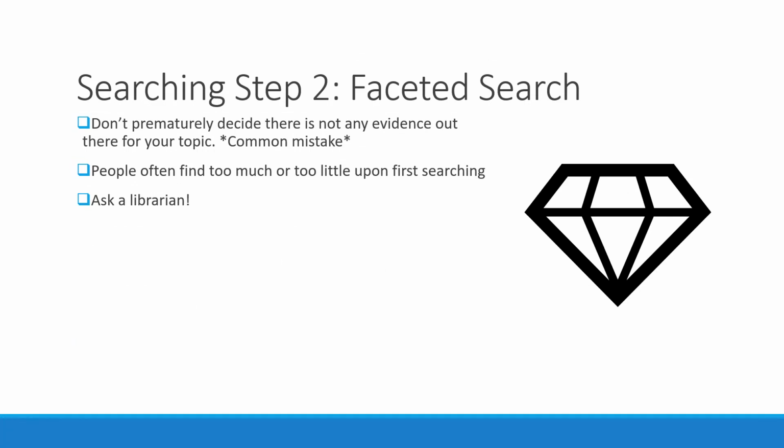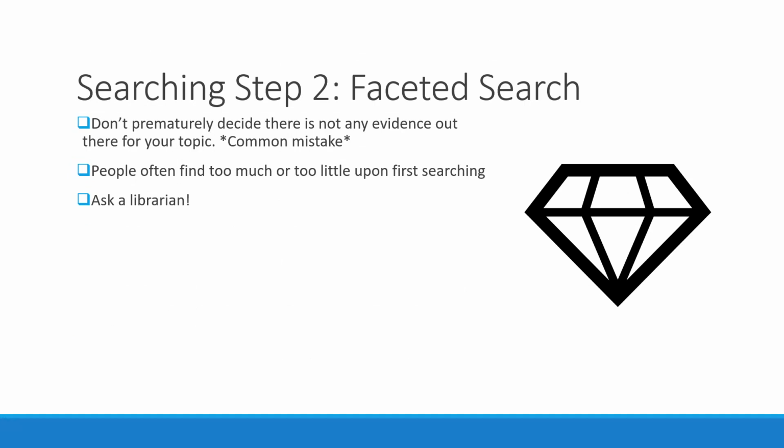Step 2 is a faceted search. This is actually a little more deliberate than a keyword search. Just plugging in some keywords in Google Scholar is called a serendipitous search. A keyword search is maybe a little more precise than that, but a faceted search is even more precise than a keyword search.